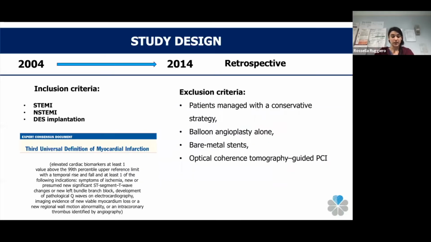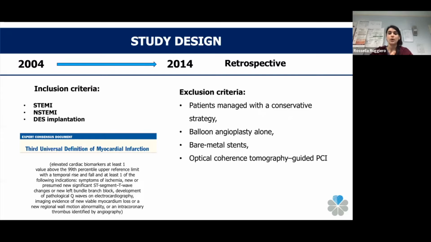So patients enrolled in our paper were retrospectively evaluated from 2004 to 2014. All patients included had myocardial infarction, defined according to the third universal definition of myocardial infarction, both STEMI and NSTEMI, who underwent DES implantation.